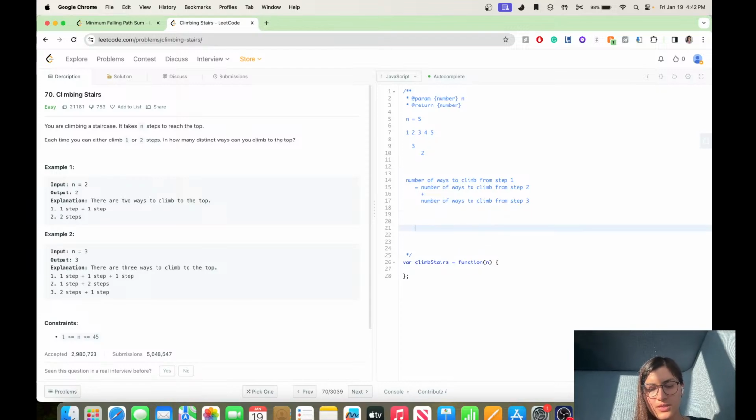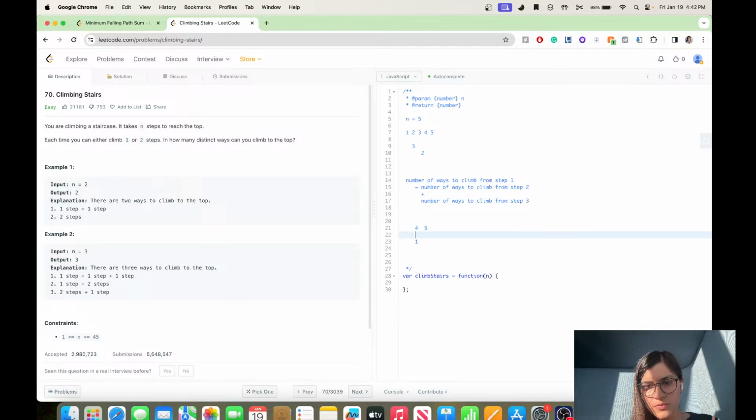Suppose that I am at step 4 and 5, right? So if I'm at step 4, then there is just one way, right? And suppose if I'm at step 3, then either I can reach here and then here, or I can directly reach here.